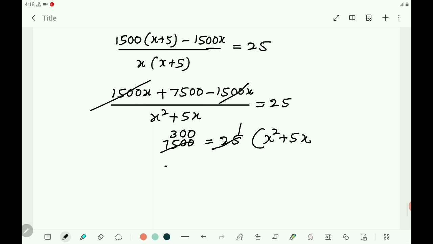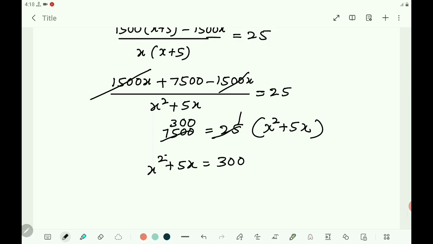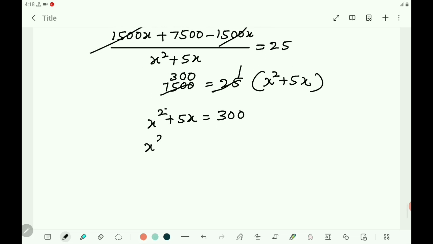You got x square plus 5x equals 300. That is x square plus 5x minus 300 equals 0.